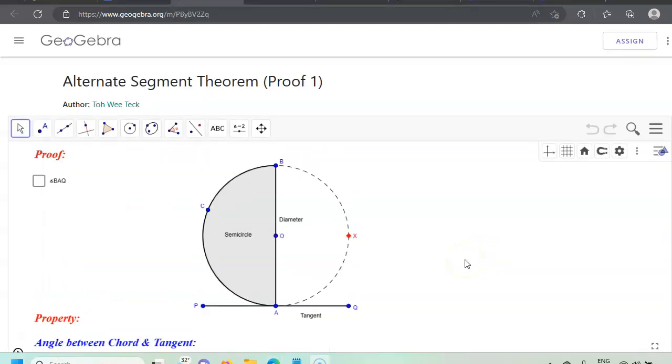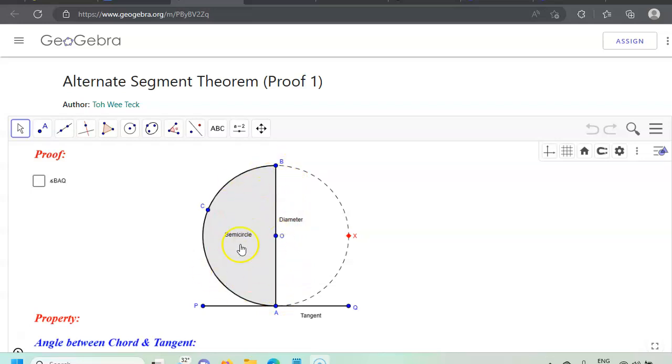So let's appreciate the build for this first case. So again, we have the tangent line PQ, and then the chord is BA, right? And with this construction, we are going to have a semicircle.